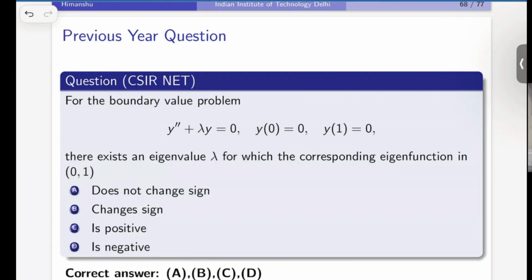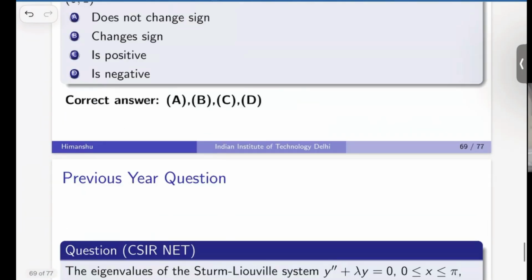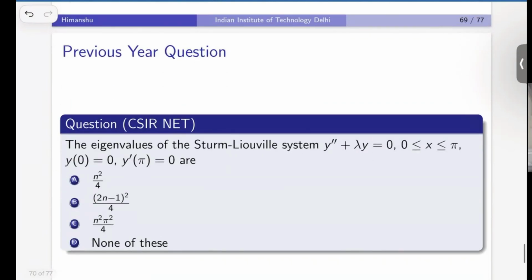Option C is also true, right? It is not changing sign means it is either positive or it is negative. So that's why options A, B, C, D all are true. Again, in this question, we don't need any pen and paper. So let's go to another question.